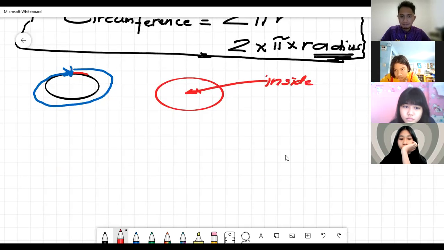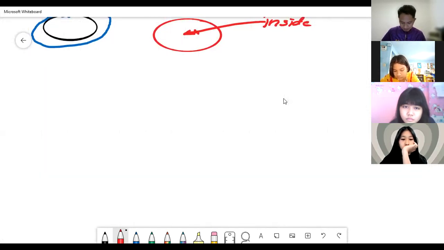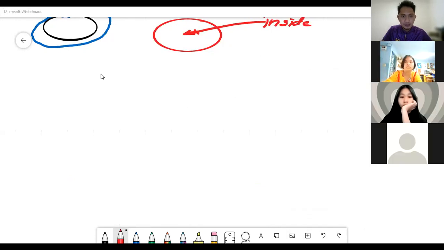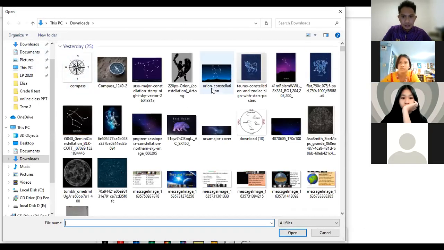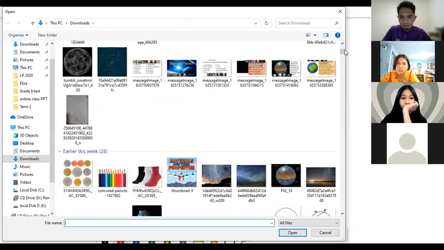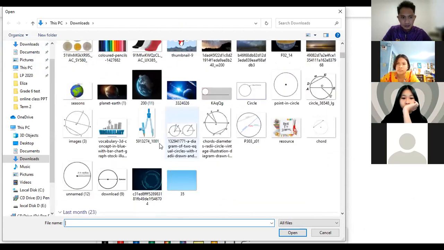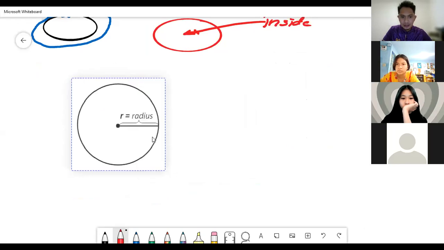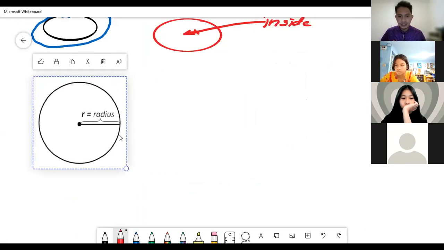Let's have an example. Let's put here the library image, a circle. We have a circle here with the radius.